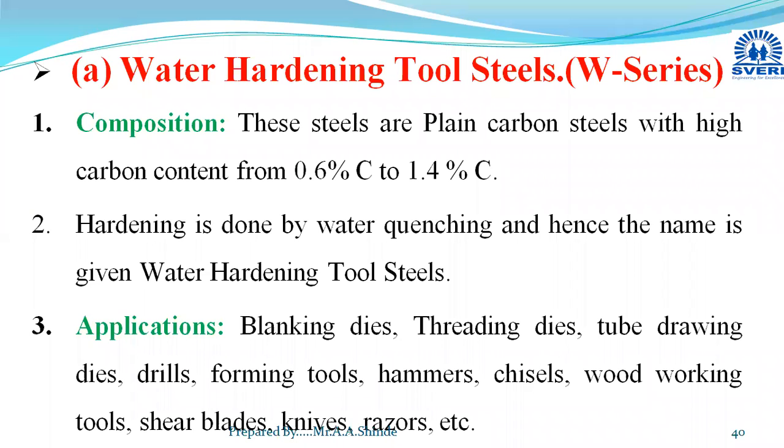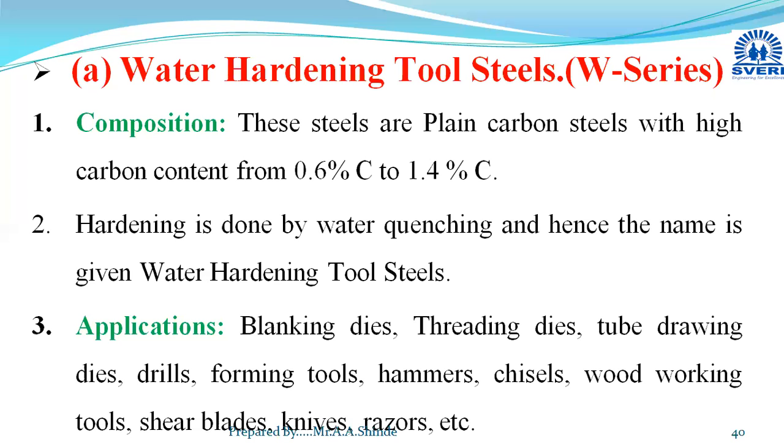Red hardness is nothing but, if you heat a particular metal or alloy until it becomes red in color and check its hardness at that time, that hardness is termed red hardness. Water hardening tool steels have very low red hardness and very low strength at elevated temperatures. Why is this happening?